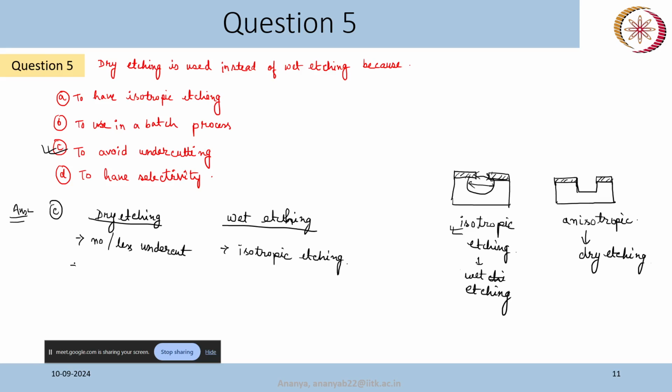In case of dry etching, selectivity is poor unless you use reactive ion etching. In case of wet etching, selectivity is good.